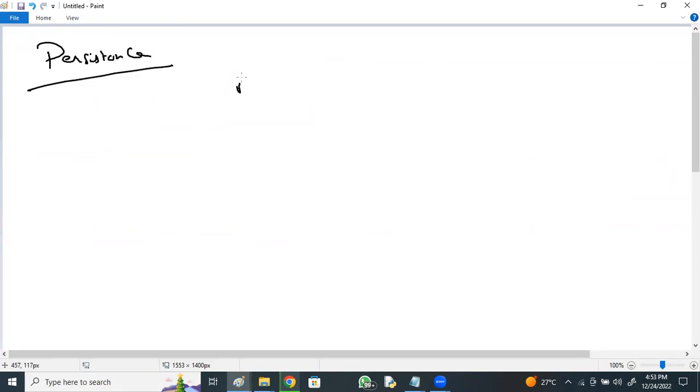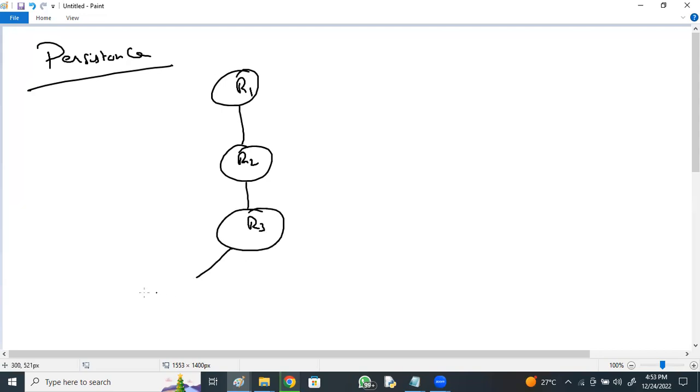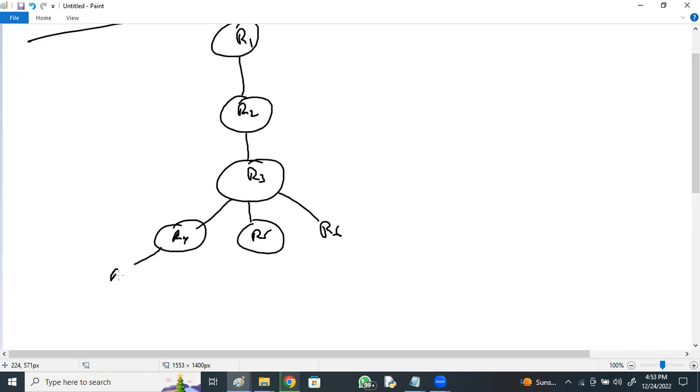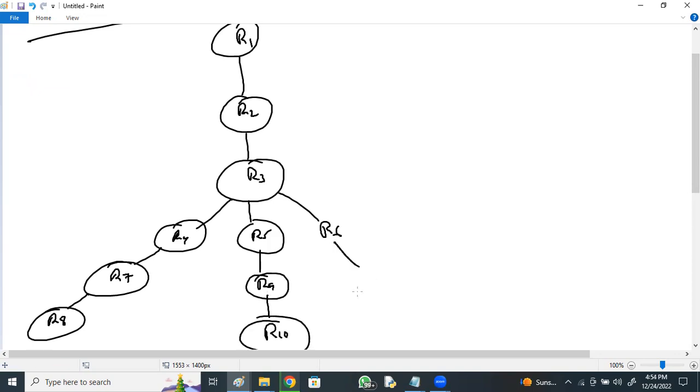For example, there is a flow: R1 output is taken by R2, R2 output is taken by R3. From R3, you get flows like this: R4, R5, R6, R7, R8, R9, R10, R11, R12.